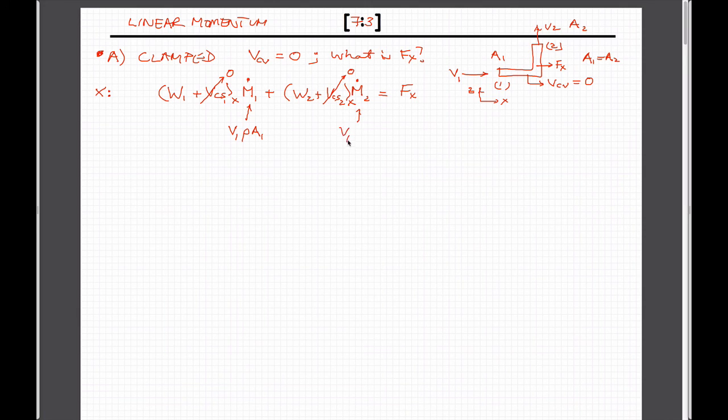And this is V2 times rho times A2. But we also know that from conservation of mass, m1 plus m2 must equal 0. And so if that's the case, then these are equal to the negative of each other.